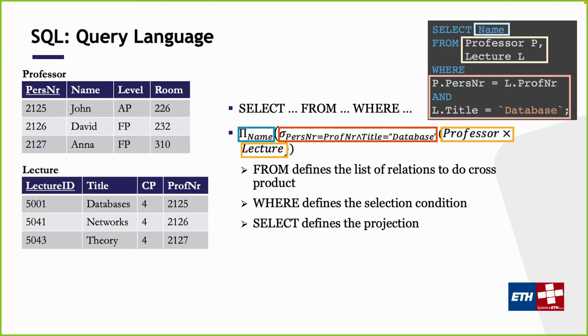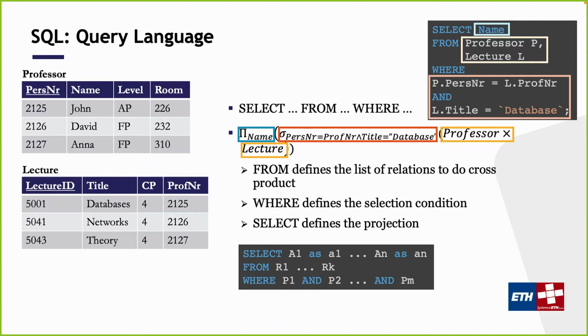And more generally, if you are writing a SQL query that looks like this, you select A1 as another name for A1, through AN, from K different relations, R1 to RK, with a whole bunch of conditions, P1 to PM. What's going to happen is this gives you a relational algebra expression that looks like this.